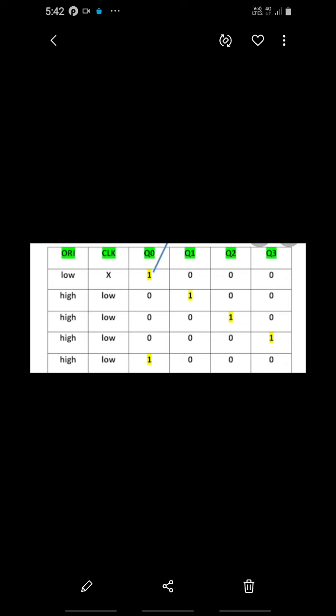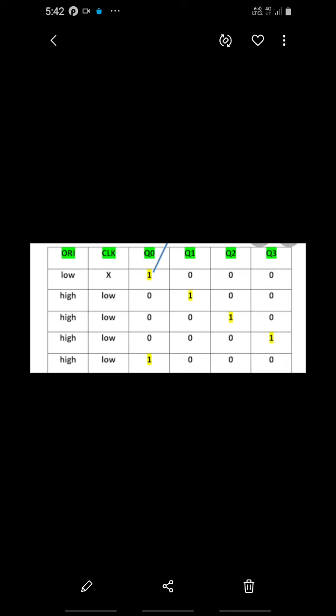So each of the ring words has only one high bit. The number of distinct states in the ring counter, that is the mode of the ring counter, is equal to the number of flip-flops used in the counter. An n-bit ring counter can count only n states, whereas an n-bit ripple counter can count 2 power n states.